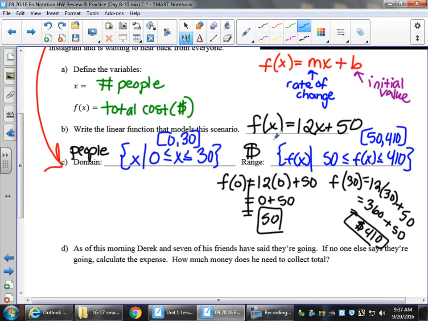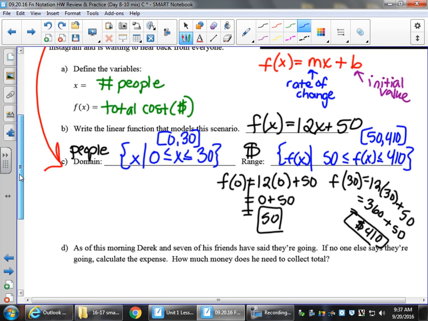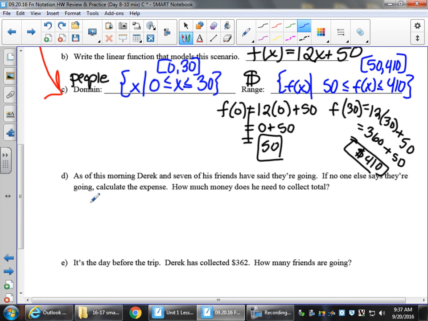2 more follow-up questions and then we're ready for our quiz. As of this morning, Derek and 7 of his friends have said they're going. If no one else says they're going, calculate the expense. How much money does he need to collect total? How am I going to figure that out? What's given? Only 7 people are going? How many people are going here? Derek and 7 of his friends makes 8 people.